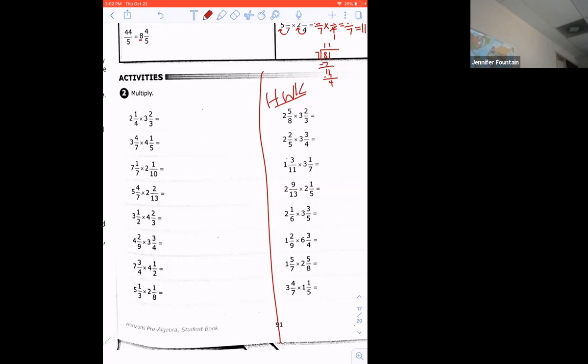Okay. But what could they divide by? I can't divide 4 by 9. I've got a 4 and a 38. 2. Okay. So 4 divided by 2 is 2. And what's 38 divided by 2?